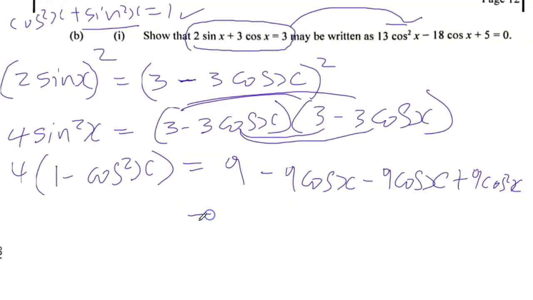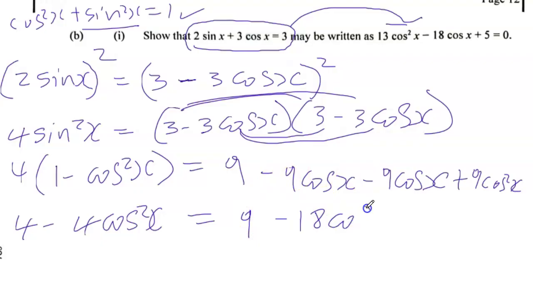And of course, let's expand the left hand side here. So this is 4 minus 4 cos²x. And this is 9 minus 18 cos x, the two middle terms are the same, plus 9 cos²x.